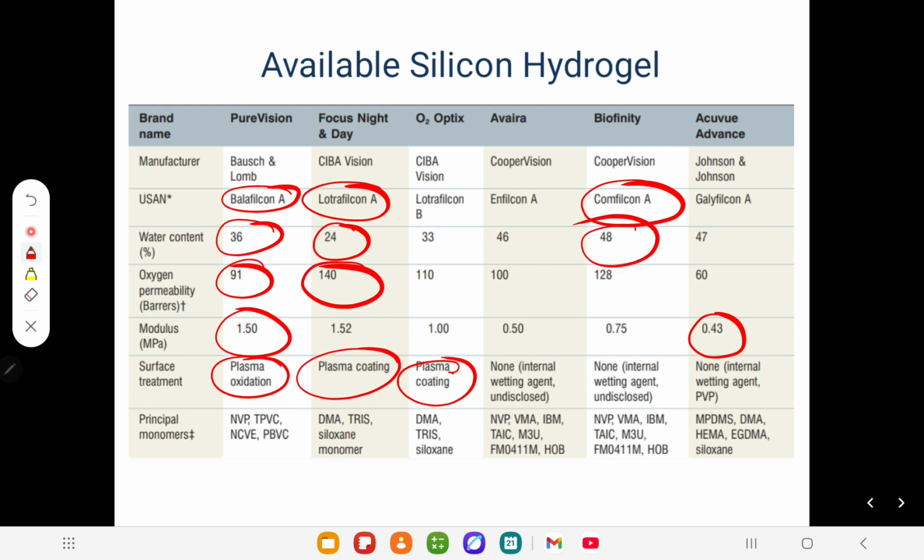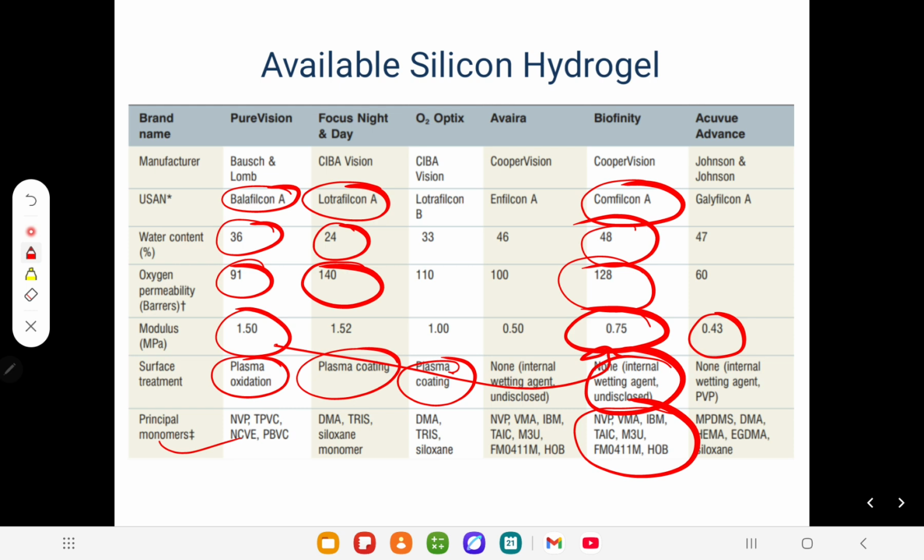Water content is good, 48%, and oxygen permeability is very good, 180. Modulus of elasticity compared to balafilcon is like half, isn't it? 0.7, and no internal wetting agent is added. For the principal monomer, you can just look here. So this comfilcon is definitely third generation, given by Biofinity.